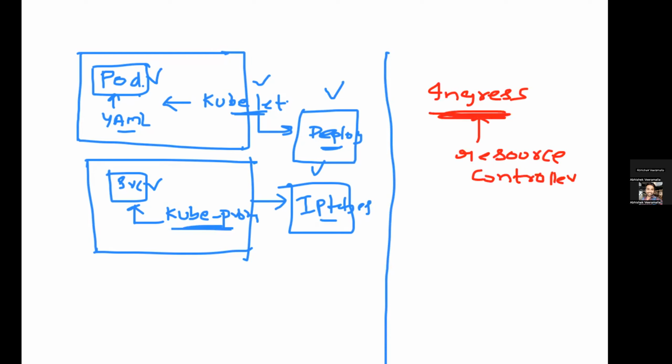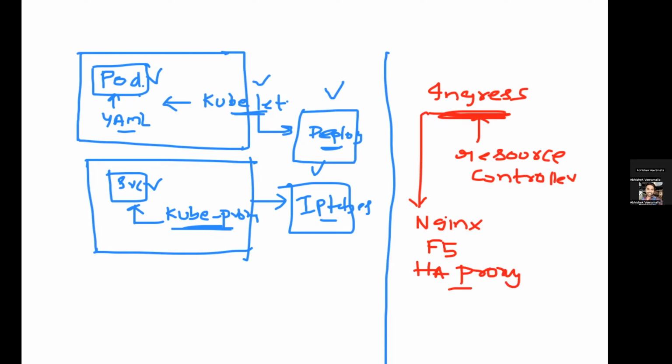So this was the problem. Kubernetes said, I can create the Ingress resource, but if I have to implement logic for all the load balancers that are available in the market, that is Nginx, F5, Traefik, Ambassador, HAProxy, it is technically impossible.